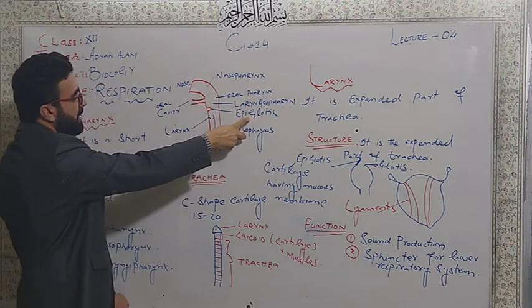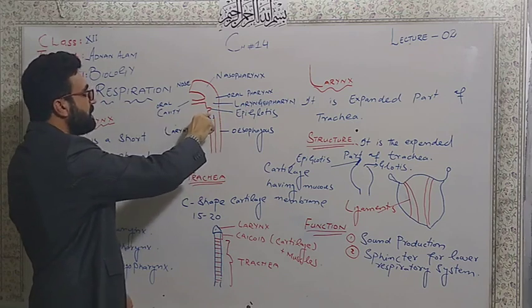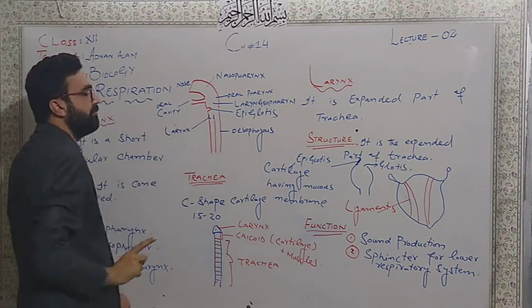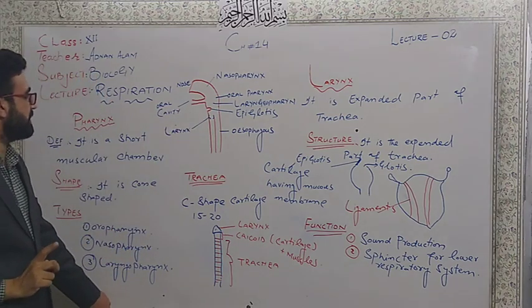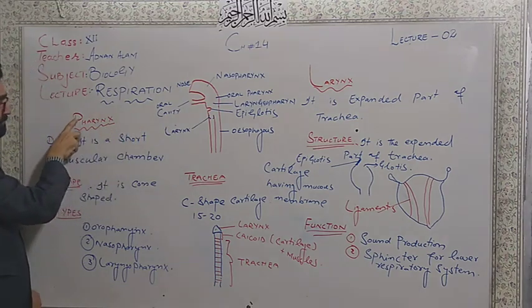After the laryngopharynx, there is a structure called the epiglottis. The epiglottis covers the upper part of the larynx, which is the next part of the respiratory tract. So this is all about the pharynx.